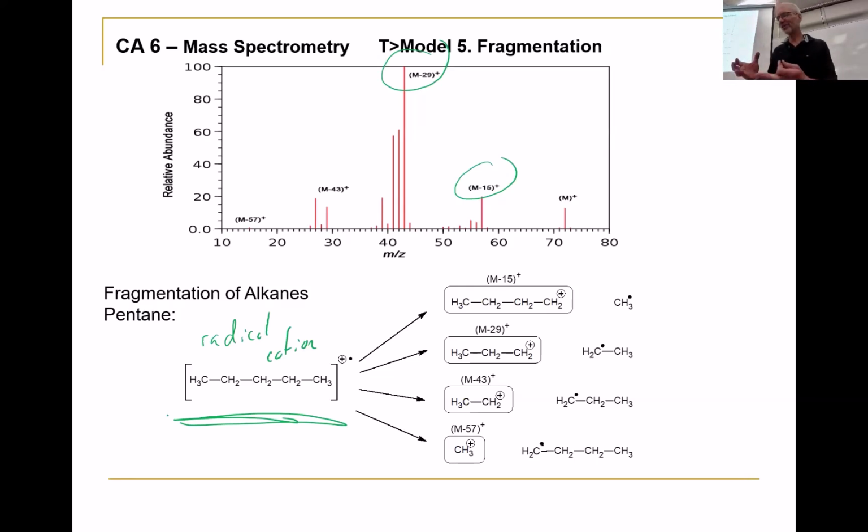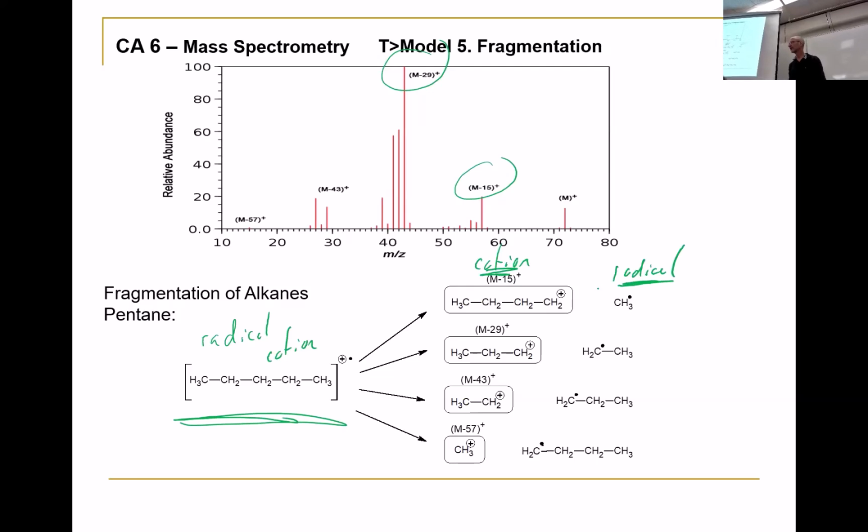Essentially, the radicals get lost, and we see the cation. So for alkanes, it's typically this pattern that you start from the radical cation, and then you end up with the cation and the radical. So you should anticipate writing both of those.